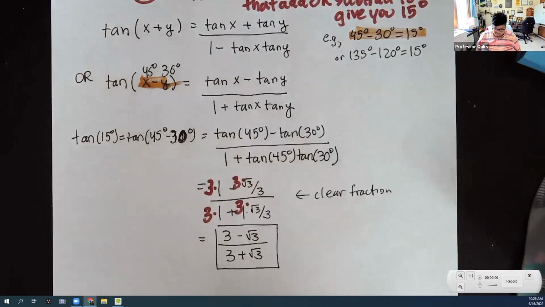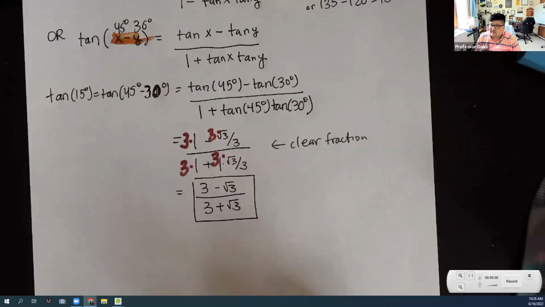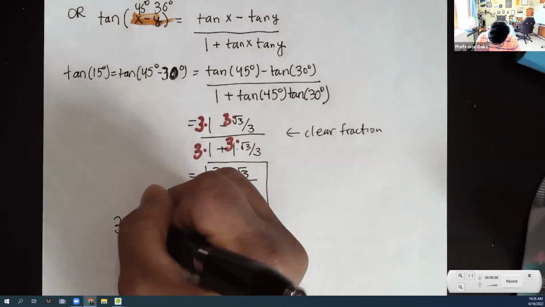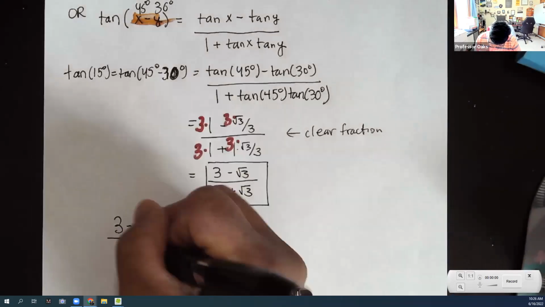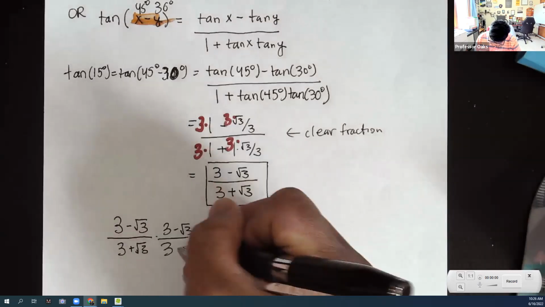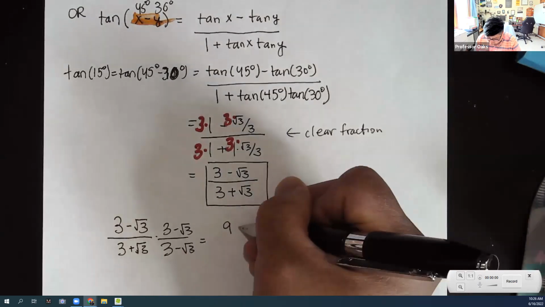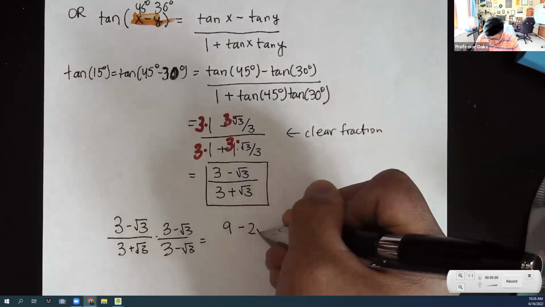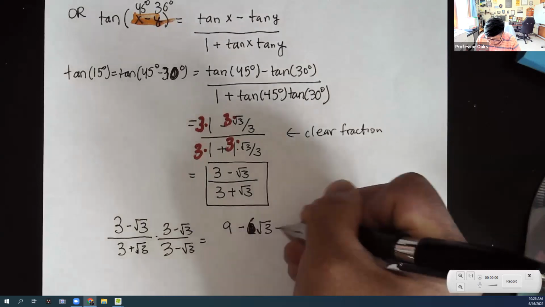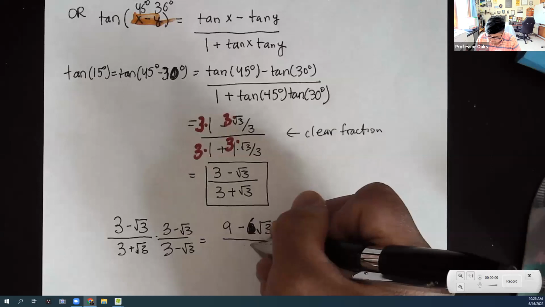But surprisingly, if you were to rationalize the denominator, so this isn't really necessary, but if you were to do this next step, then multiply by 3 minus square root of 3 over 3 minus square root of 3, you would have 9 minus 6 square root of 3 plus 3 over 9 minus 3.